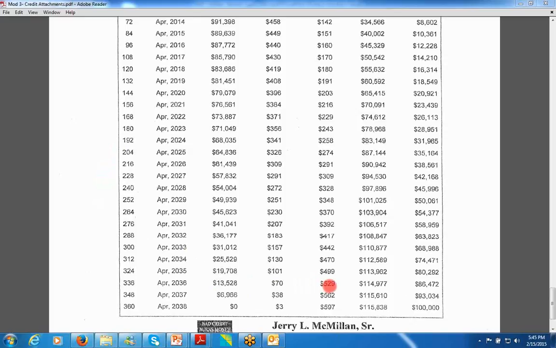That $600 payment is overwhelmingly principal, but over the life of the loan, you have paid $225,000. Over a 15-year mortgage, you pay about 50% of interest. The longer you spread out a loan, the greater the amount of total interest you pay. That's the way amortization works. That's the way the loan pay down works.